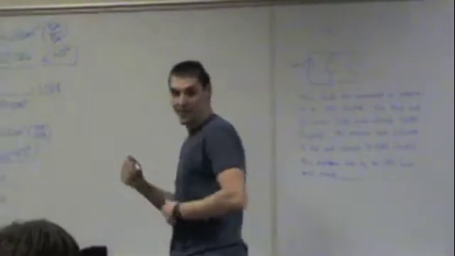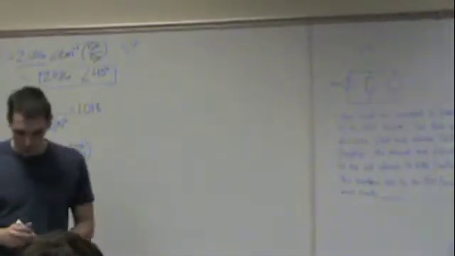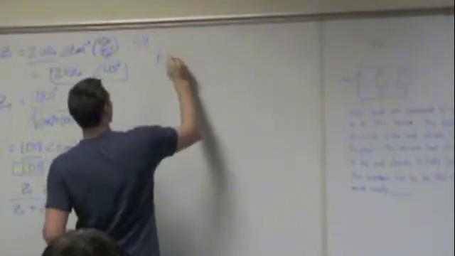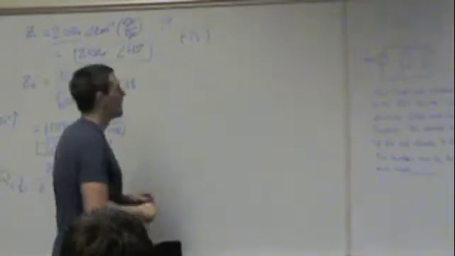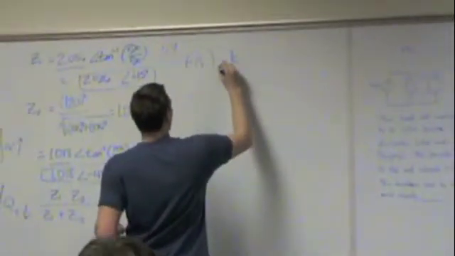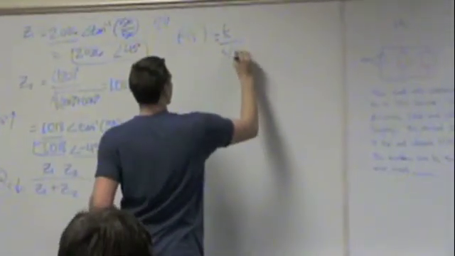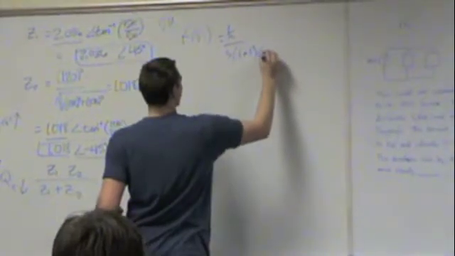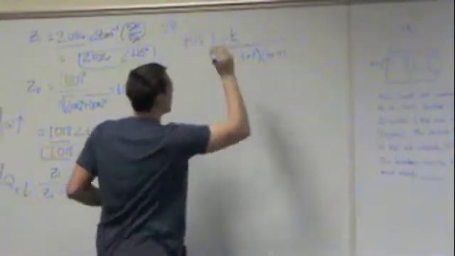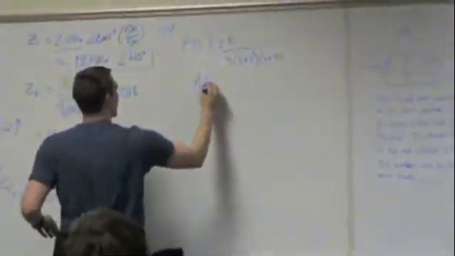So now we're in the exciting class of control systems. We're on problem 24. An open loop function F(s) is given by K over s times (s plus 1) times (s plus 4). Find the poles.